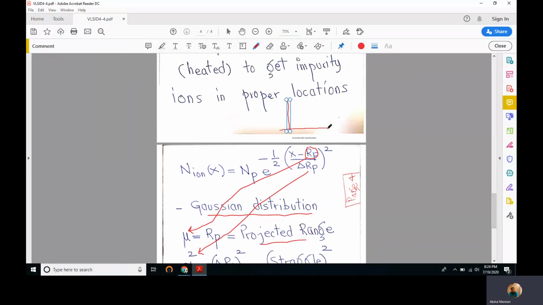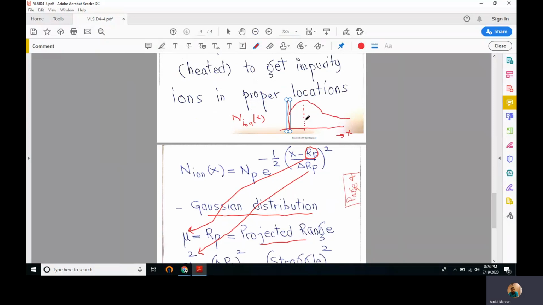Versus x, this distribution is plotted like this. On the x-axis we have this x variable, and on the y-axis we have this N_ion of x. And we know from the probability and statistics course that this line is the mean.